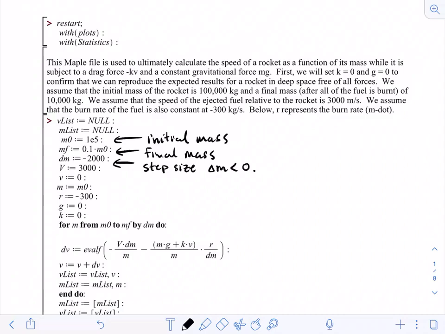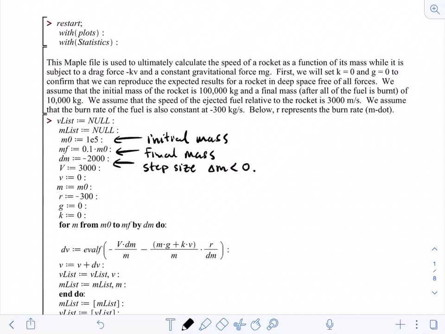What's important, of course, is that the step size delta M be small relative to the initial mass. In fact, it should also be small relative to the final mass. The final mass is 10 to the 4, which is 10,000, and so our step size is 20% of the final mass.